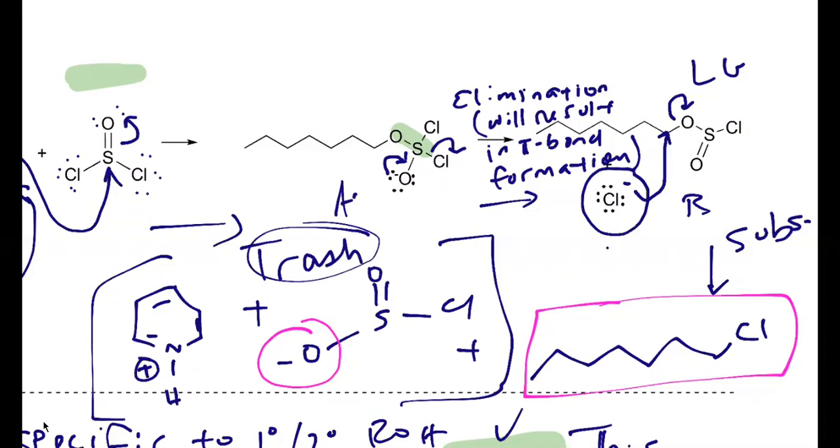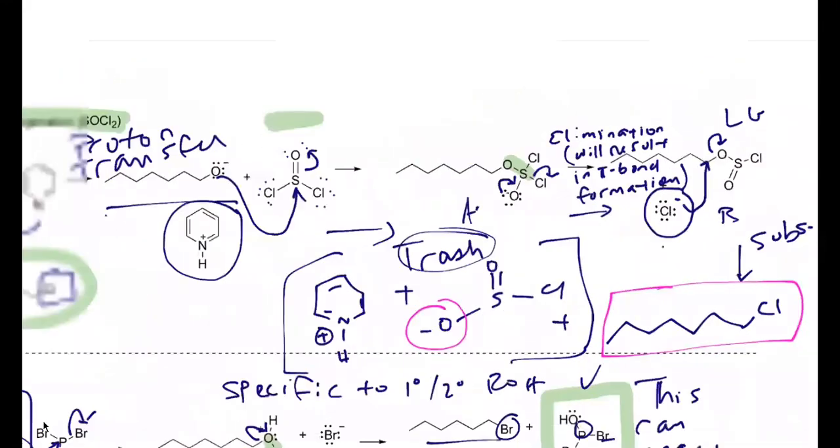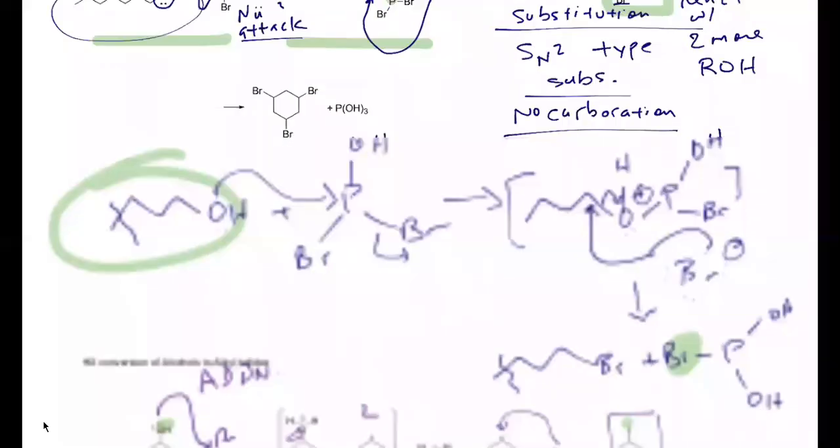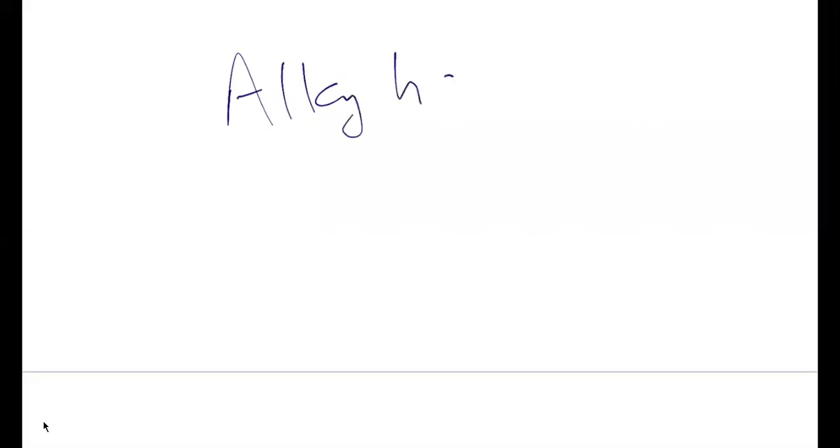All right. So that's the last reaction, and I'm not going to dump anything else on you because this is enough. I'm not going to start something new. But let's recap. We started talking about alkyl halide synthesis, and I gave you 4 methods.